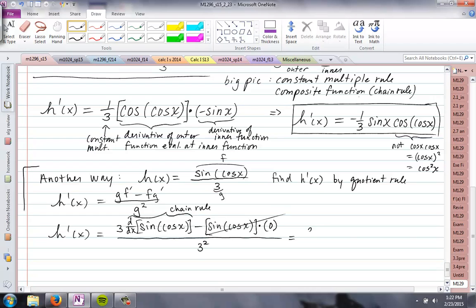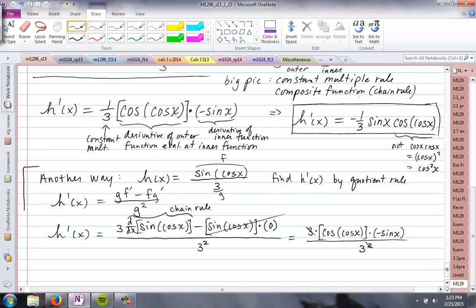So we have, excuse me, not constant multiple, just the 3 up front, and then we're going to take the derivative of the outer function of sine, which is cosine, evaluate the inner function, which is cosine of x, and then we're going to multiply that overall times the derivative of the inner function. Derivative of cosine is negative sine, and then we have minus 0 over 3 squared.